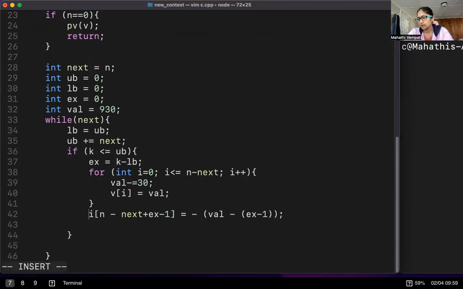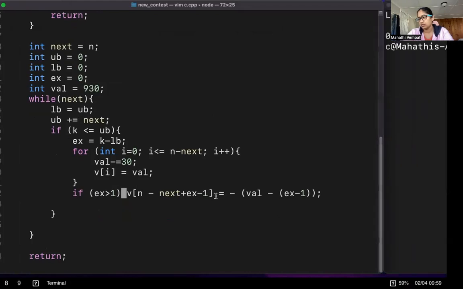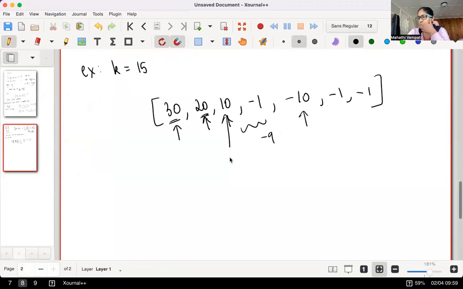So then if extra greater than 1, otherwise you can chill. No, I think I'm getting something wrong.